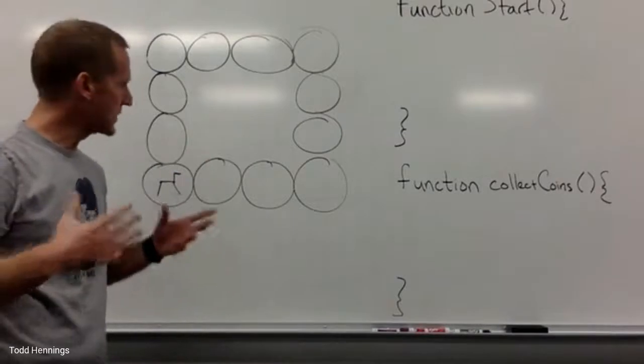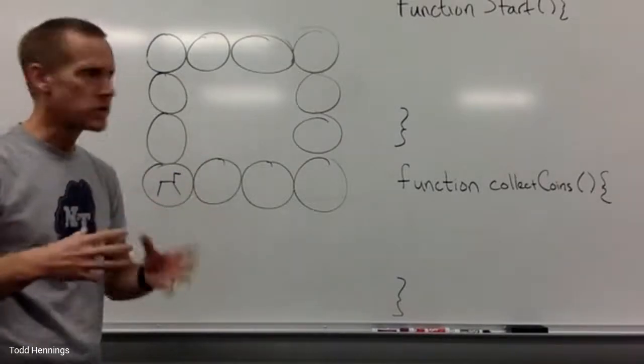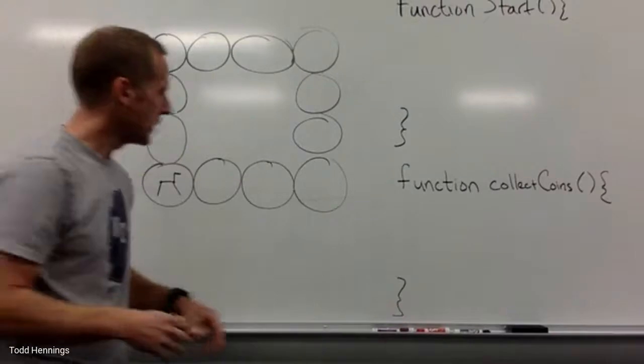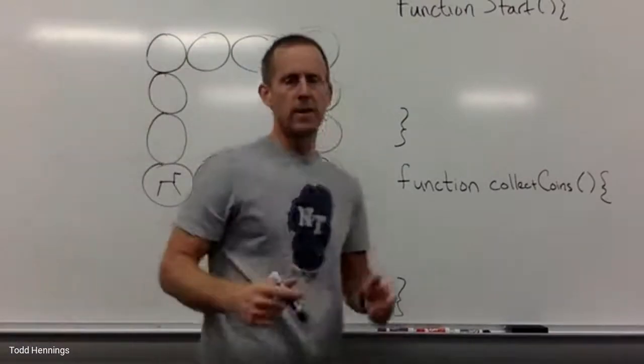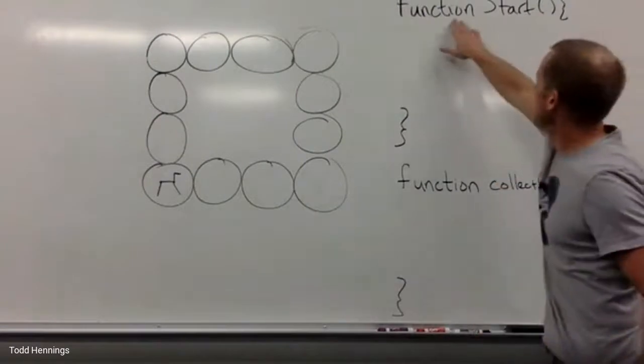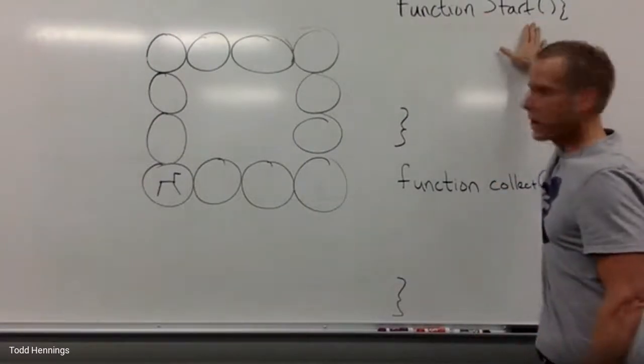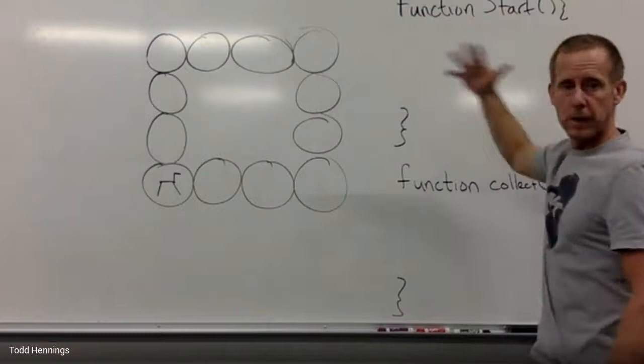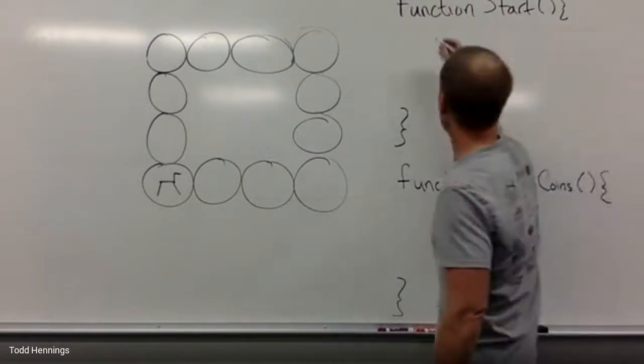We don't have to think about it as individual small coins and when to turn left. So I'm going to define something that's going to do that. Under my function start, I'm thinking big picture, top down. I want to collect coins.